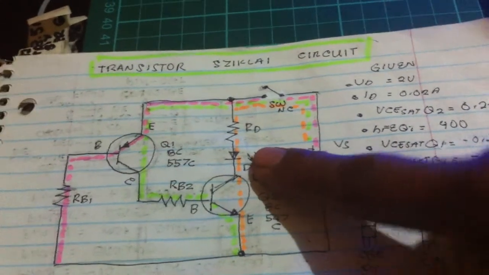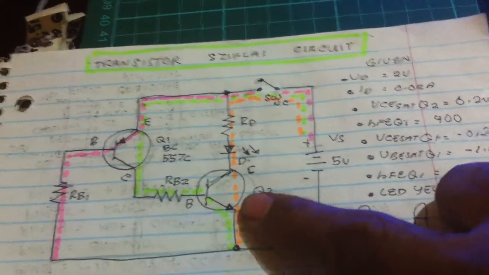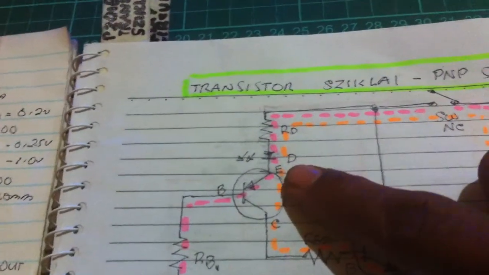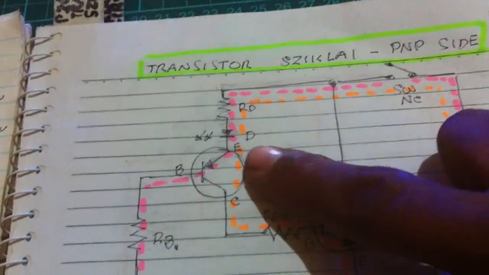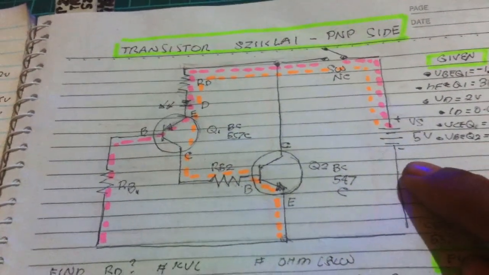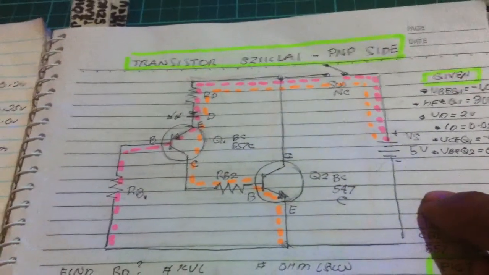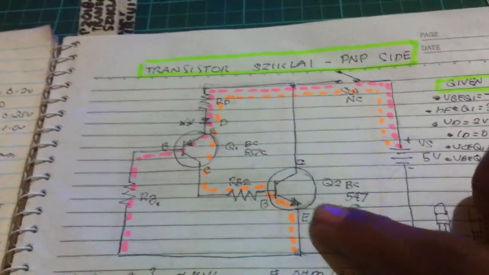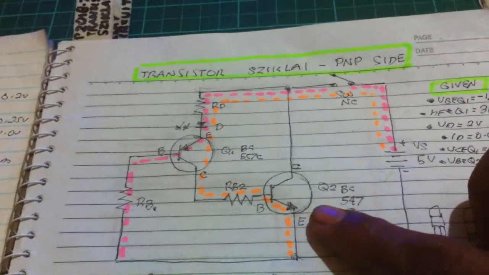The difference with the previous one is that the LED is on the collector side of the NPN as a load. Here the LED is on the PNP side, the emitter side of the PNP. The objective of this circuit is to conduct the transistor in saturation mode.